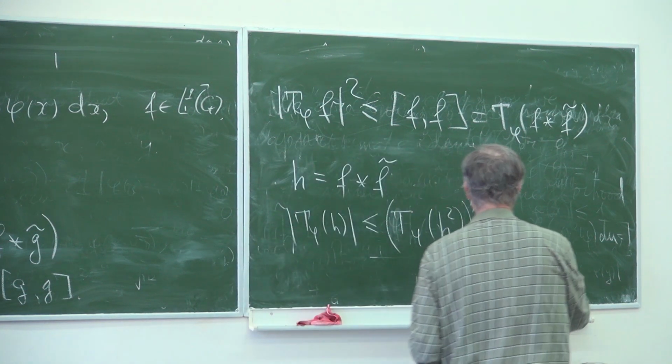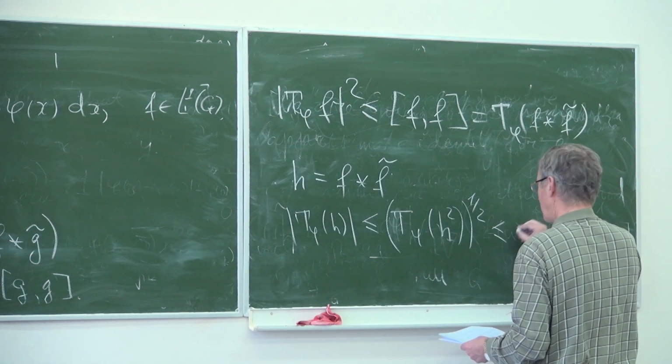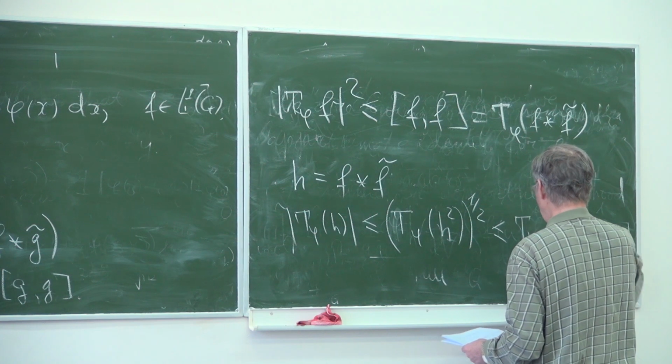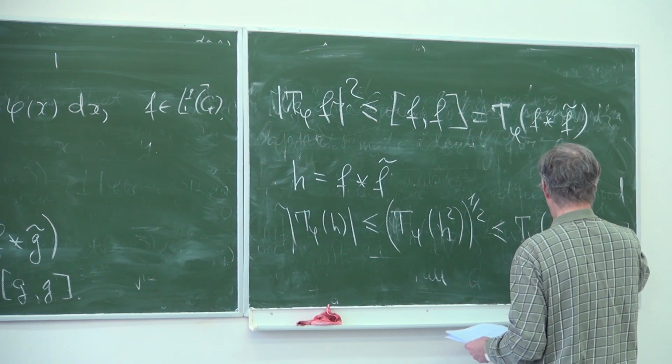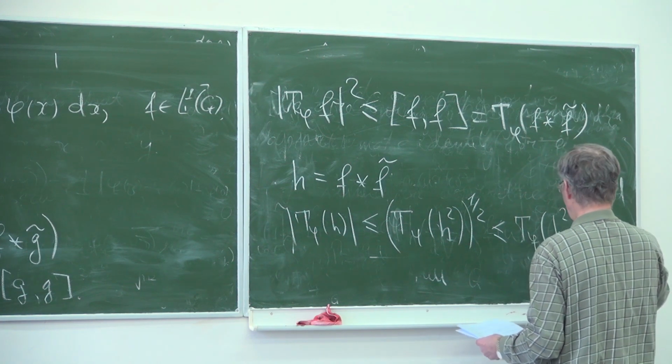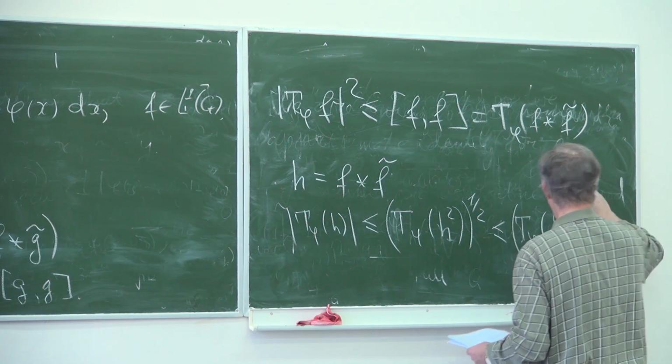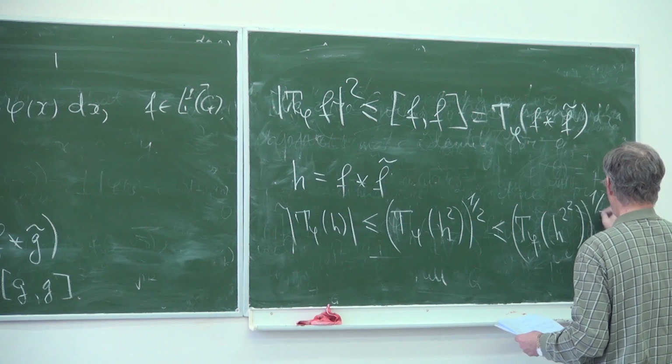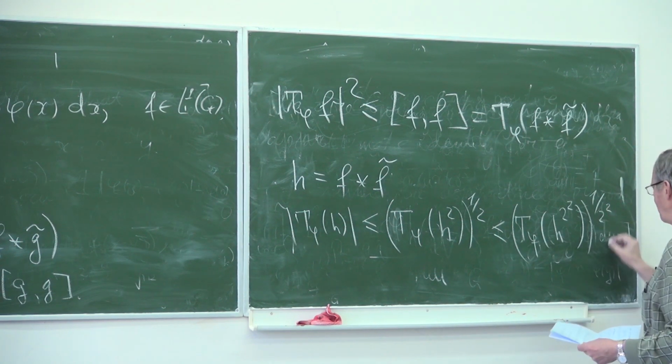So I can continue. This is less than or equal to T phi of h to the power 2 squared, 1 over 2 squared, and so on.